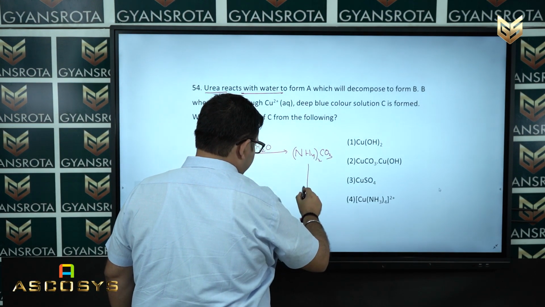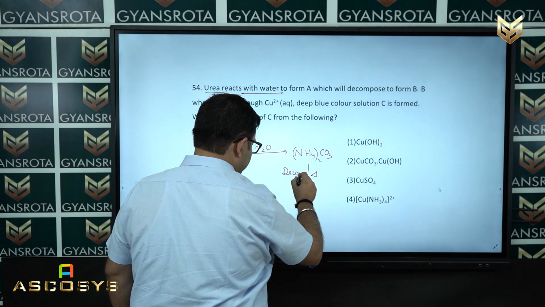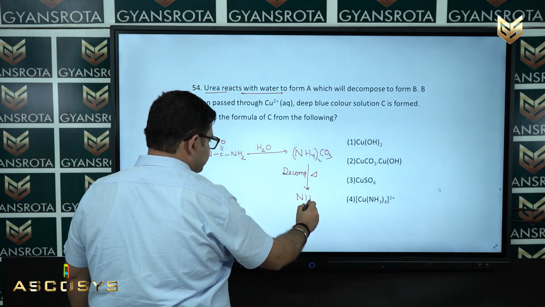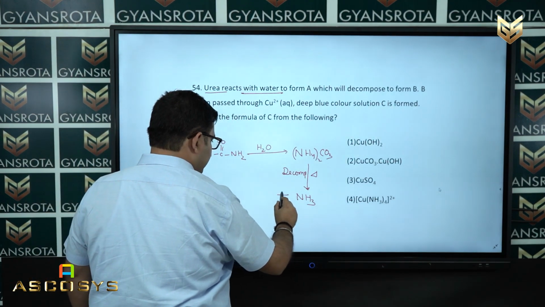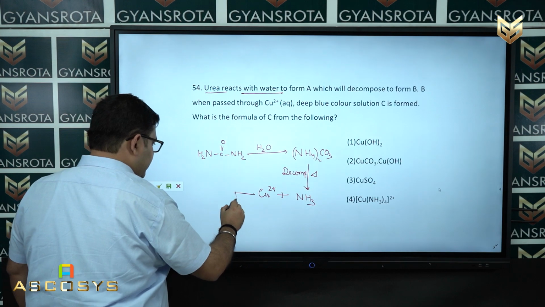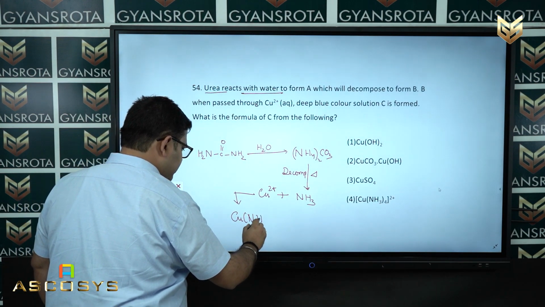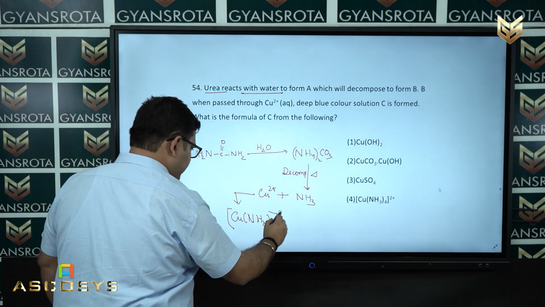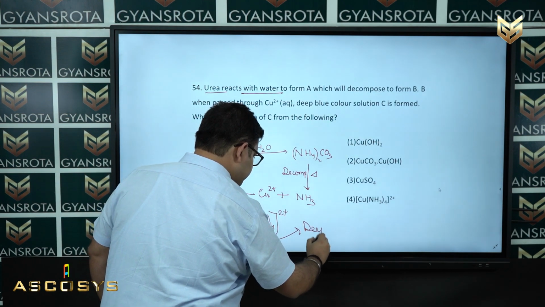Now, when it will react or decompose, it will give you ammonia. Now, when this ammonia reacts with copper 2 plus, it will give you [Cu(NH3)4]2+, and this will give you the deep blue color.